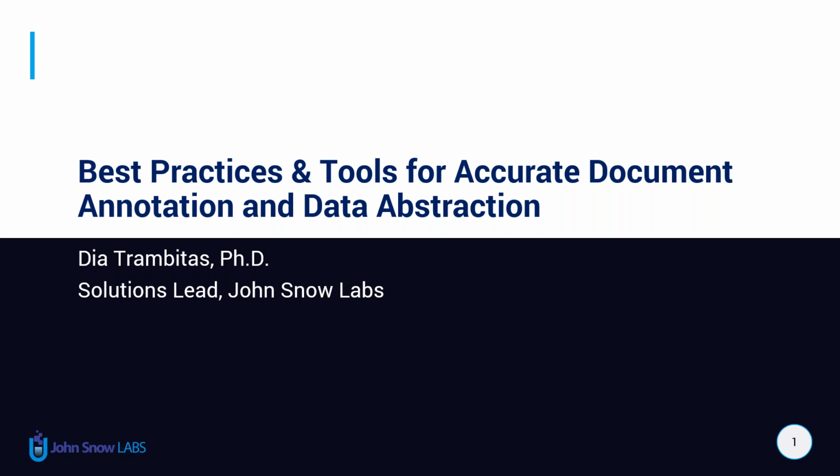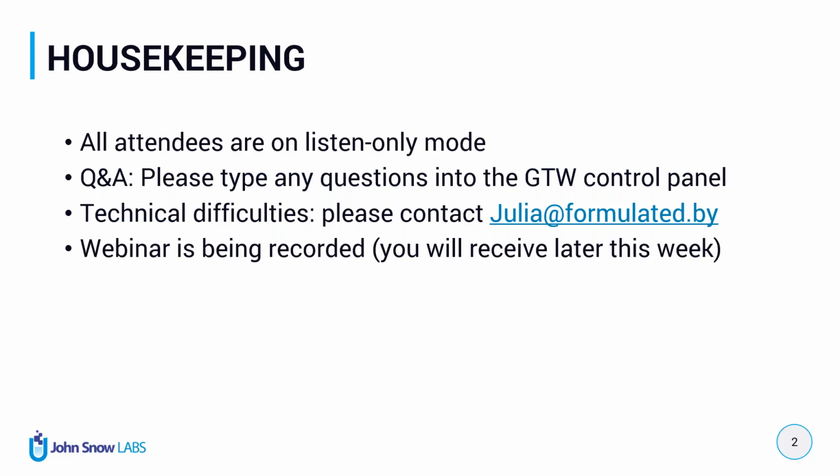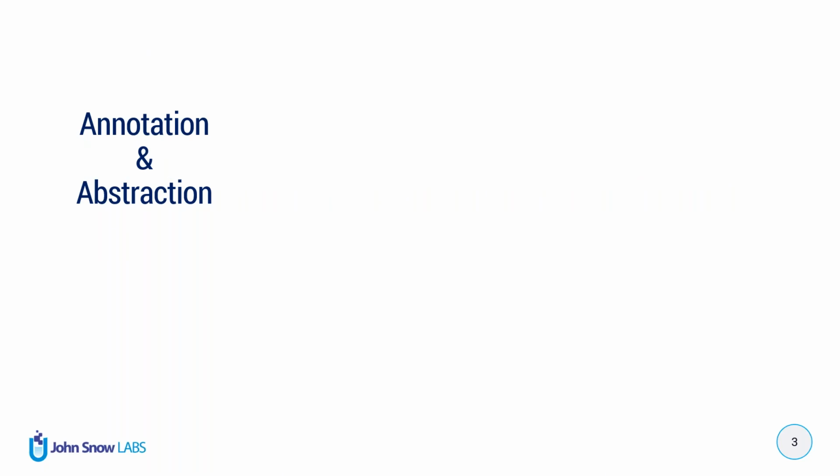So in today's talk, I will try to share with you some of the experience I accumulated during those projects. I will focus mainly on NER-related projects, which imply a step of annotation.